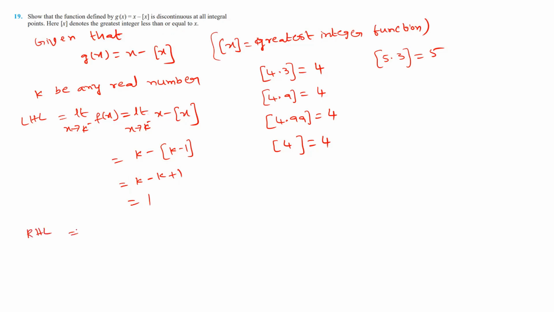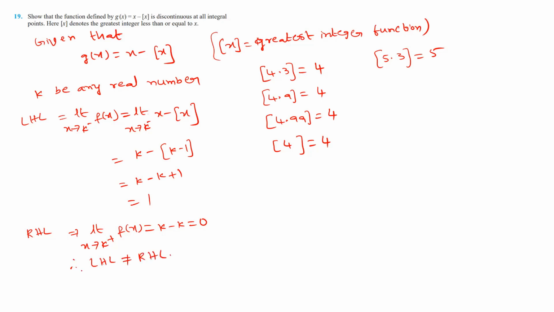Next, the RHL, limit x tends to k plus of f of x. For k plus, we substitute the k value directly, so k minus k gives 0. So the LHL limit is 1 and the RHL limit is 0. Therefore, LHL is not equal to RHL.